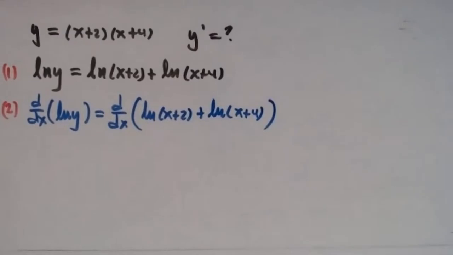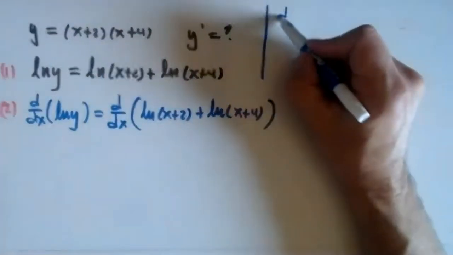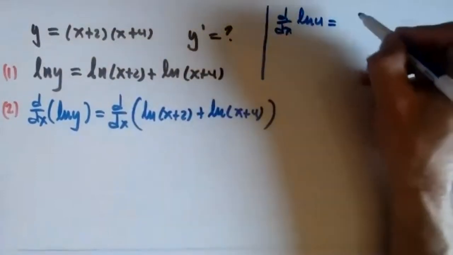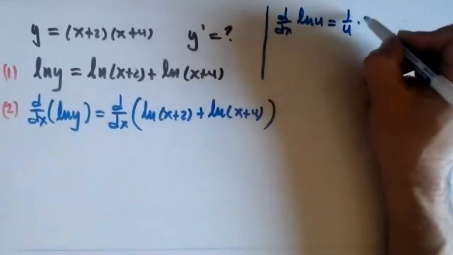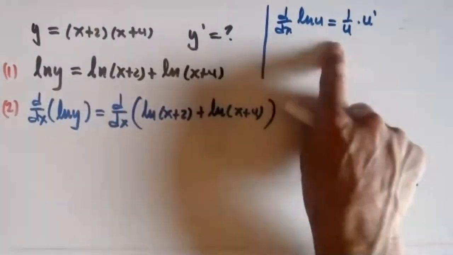That's step number 2. Now I have to remember the derivative respect x of ln u. It's 1 over u times u prime, correct? That's the formula I'm going to use here.